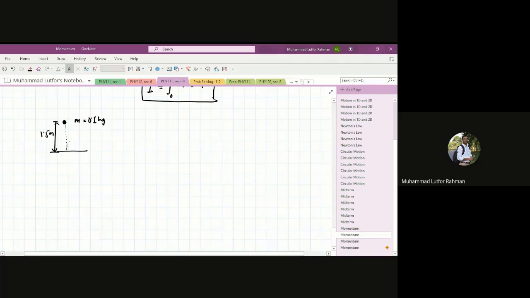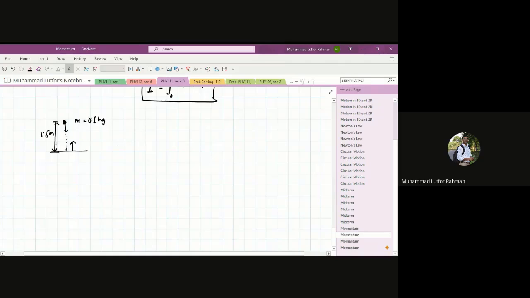So what will happen? This object is going to strike the ground, and it will bounce back to its original height. Say I'm considering it's an elastic collision, or if it is not, an inelastic collision, that would be the case. For simplicity, I'm considering this is an elastic collision.